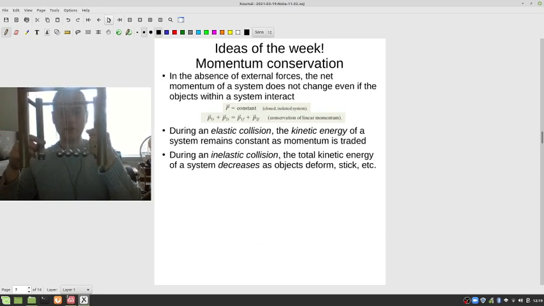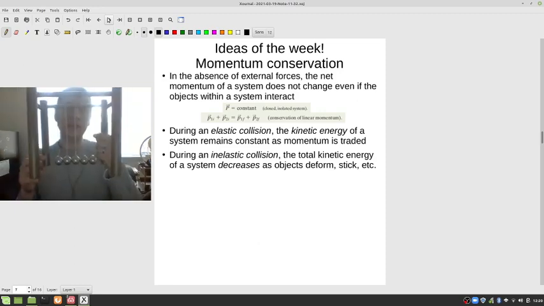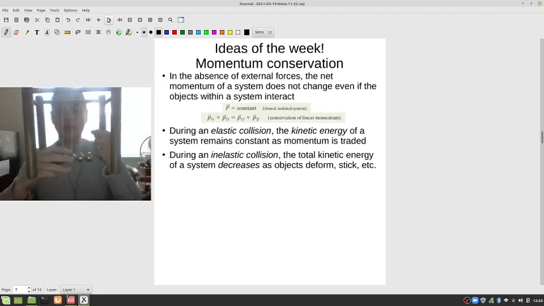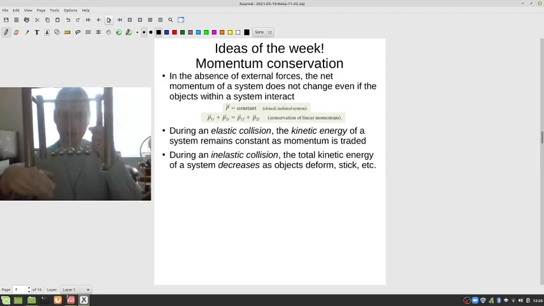Now you'll notice, to a pretty good approximation, the speed that this one comes in at is the same as the speed that that one goes out at. So the kinetic energy of the system remains just about the same. And you know, there's a little bit of friction, and you can do this with 2 balls.